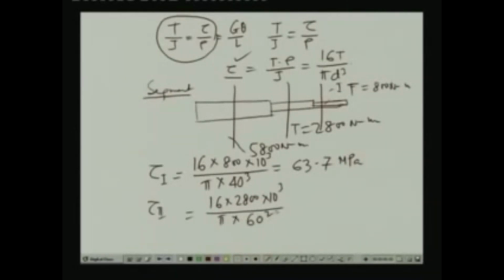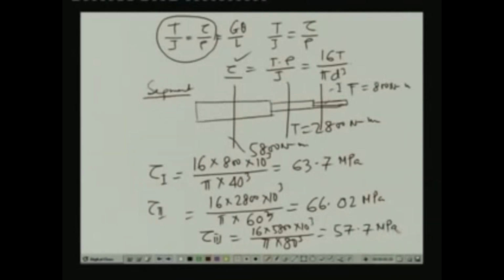The second segment's diameter is 60, and this comes as a shearing stress of 66.02 MPa. Likewise the shear stress for the third segment is 16 into 5800 into 10 to the power 3 divided by pi times 80 cube, where diameter is 80, and this comes as 57.7 MPa.